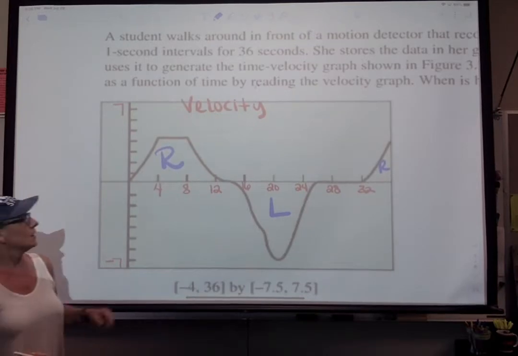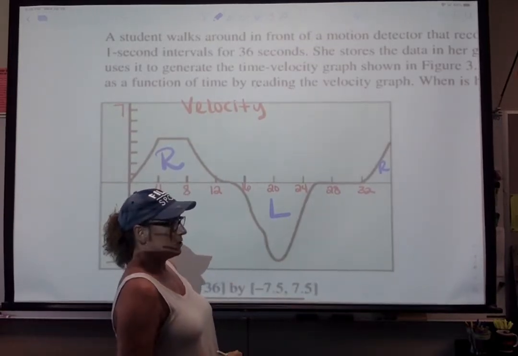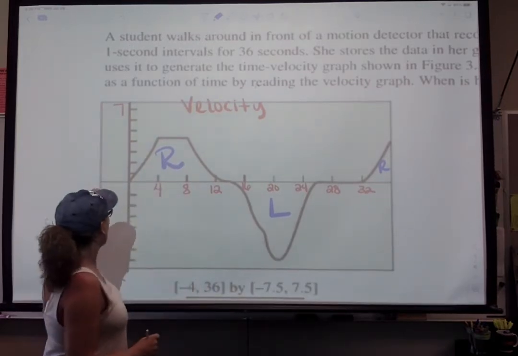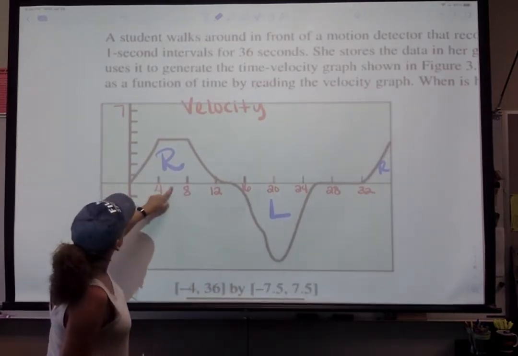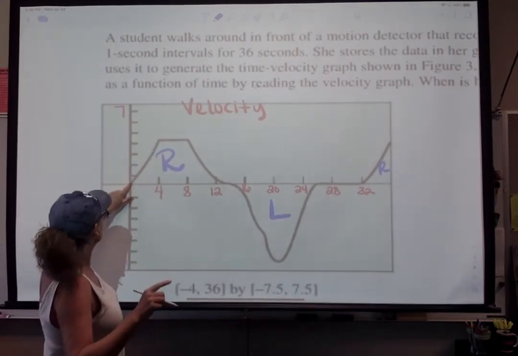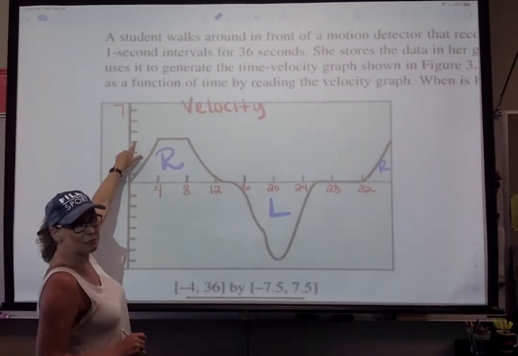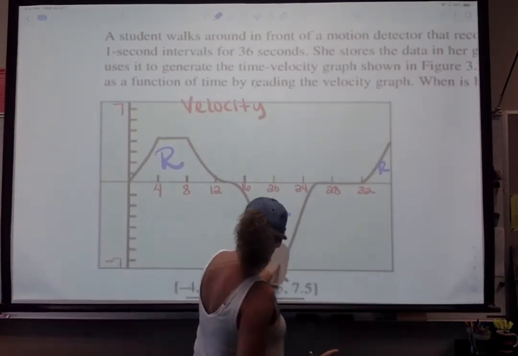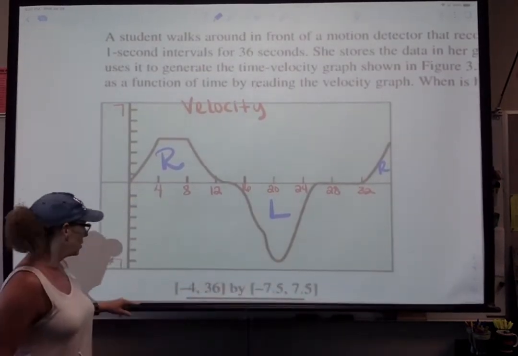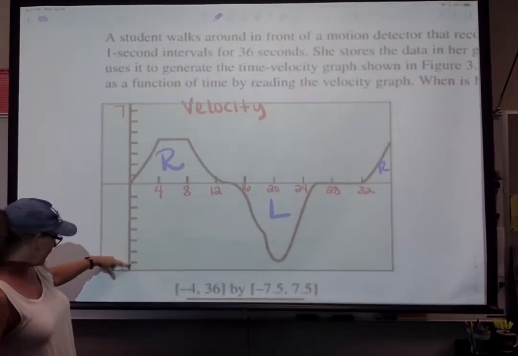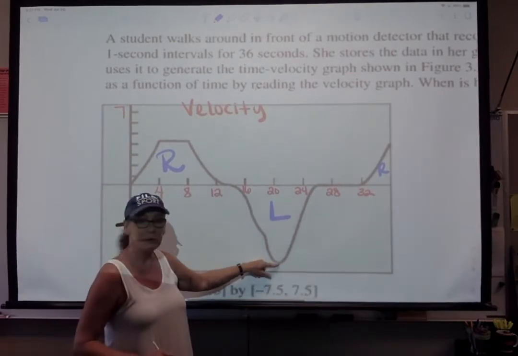Okay. Now, back to the question. When was her speed a maximum? Well, I think that from 4 to 8 seconds, her velocity was positive 4. However, at about 20 seconds, her velocity was negative, maybe -7.